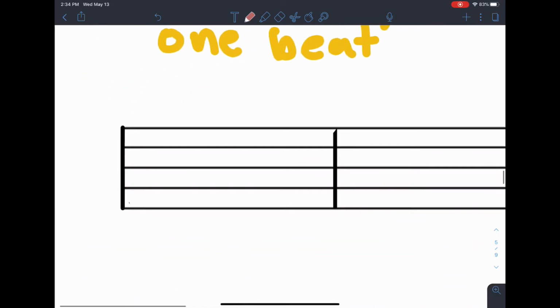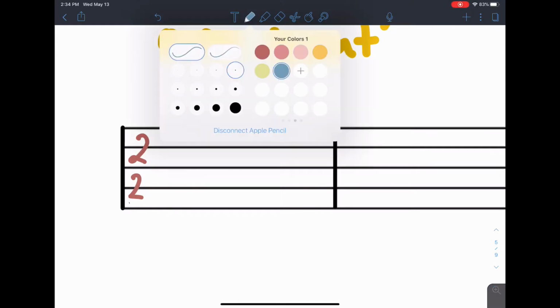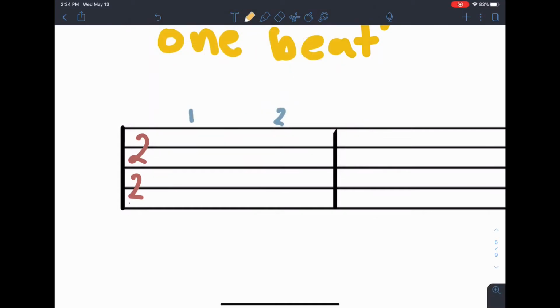So let's start off by writing 2/2. Our time signature goes at the beginning of the bar. From this top number, we know that we have 2 beats in this bar. So let's write them up here. This is beat 1 and this is beat 2. And we know from the bottom number that each beat is equal to 1 half note.